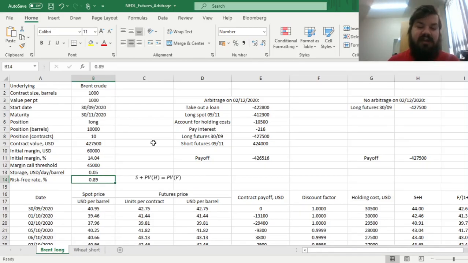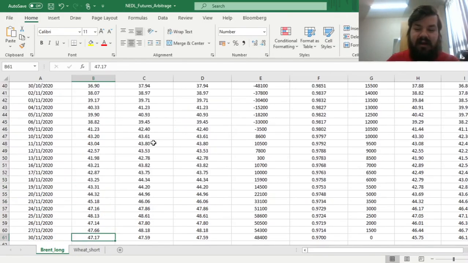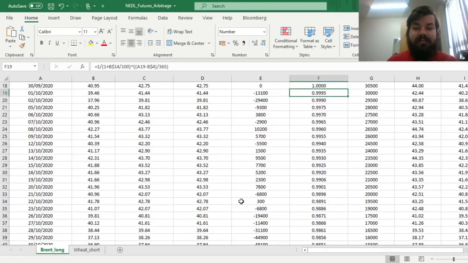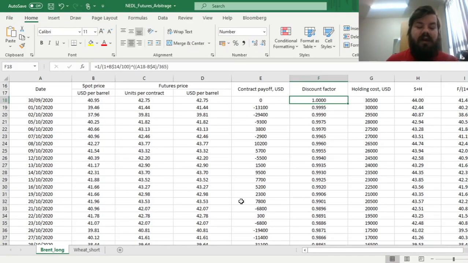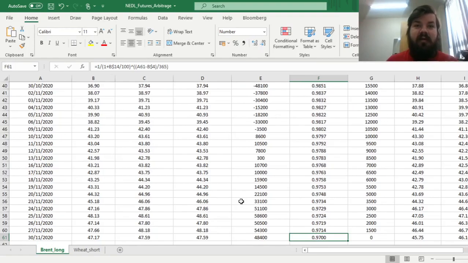But if we imagine that it was, for example, 20%, then the discount factor, even over 2 months, would be quite noticeable and material, yielding 0.97 of a discount factor on 30th of November 2020, meaning that $1 on 30th of September 2020 would have been equivalent to only 97 cents at the end of November.